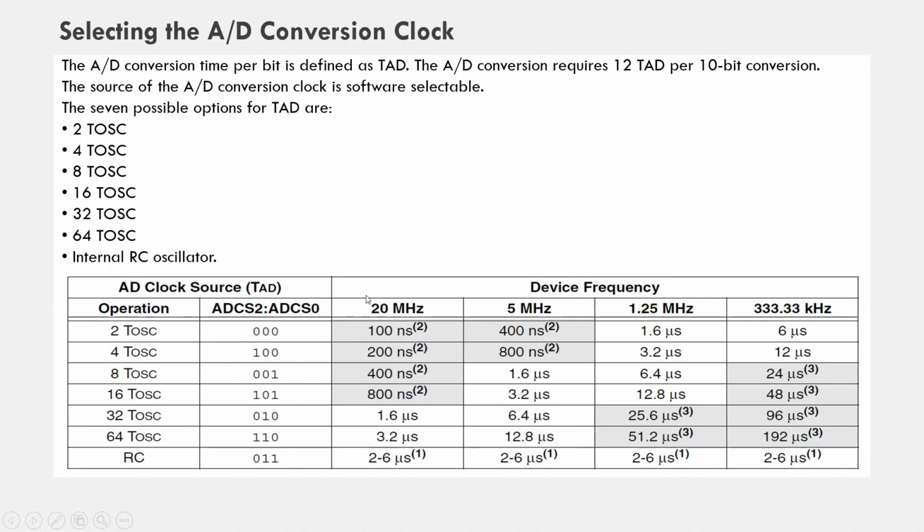So for a 20 megahertz device frequency, the conversion time will be 100 nanoseconds, for 5 megahertz it will be 400 nanoseconds, for 1.25 megahertz it will be 1.6 microseconds, and for 333.33 kilohertz it is 6 microseconds. Similarly for other clock frequencies. So we should follow this table from the data sheet of the PIC controller to select the clock frequency and to calculate the conversion time of the ADC.